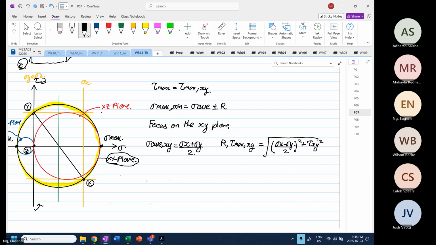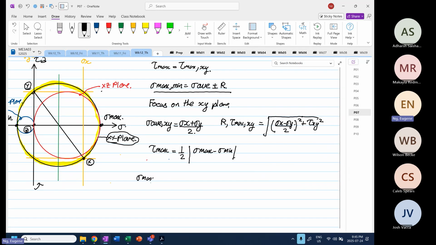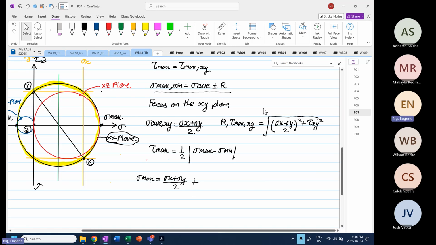Okay. So from here, we have to apply that tau max is equal to half the absolute value of stress max minus the stress mean, because now stress mean is no more equal to 0. So using this formula, stress max is equal to stress x plus stress y divided by 2 plus this value over here.